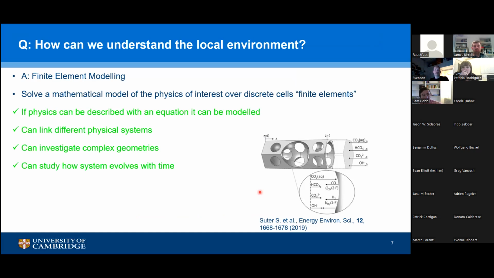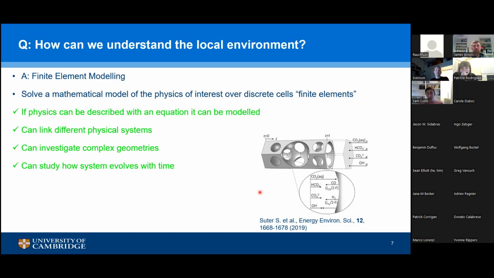What this allows us to do is take physics we understand, the kinetics of an enzyme on a surface, reaction diffusion, mass transport, and then link them all together and apply them over a complex geometry such as our porous electrode. And by doing this, it allows us to fill in the gaps. From what we do know, we can start to use modeling to fill in the gaps of what we don't know.